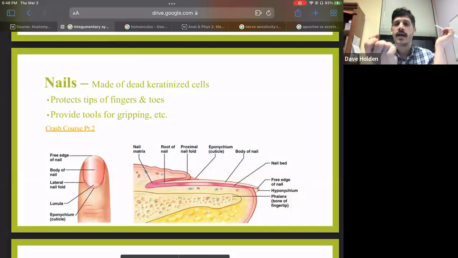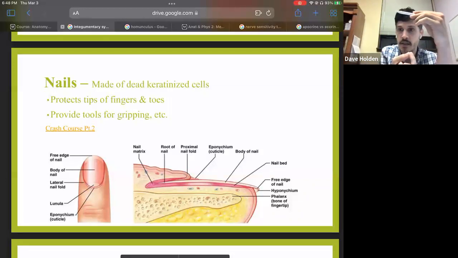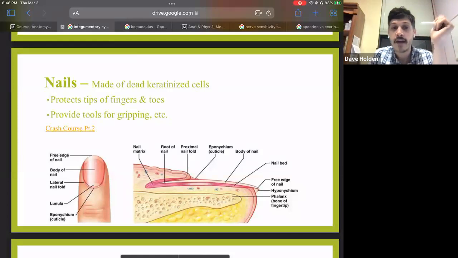Any nail tech will tell you, don't cut the cuticle, push it, moisturize it, but don't cut it. If you cut the cuticle, it will bleed and you're now open to infection. Push it, moisturize it. And if moisturizing isn't enough, get you some cuticle oil. That'll do the trick. That's free nail advice. There you go.